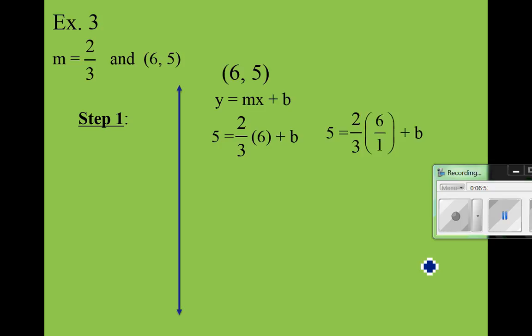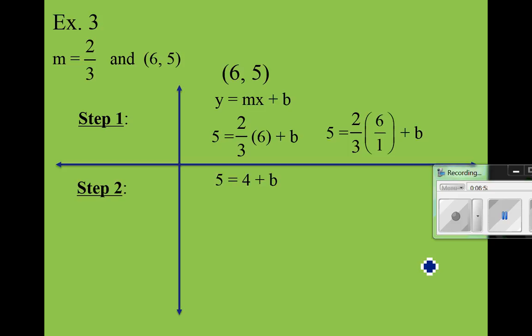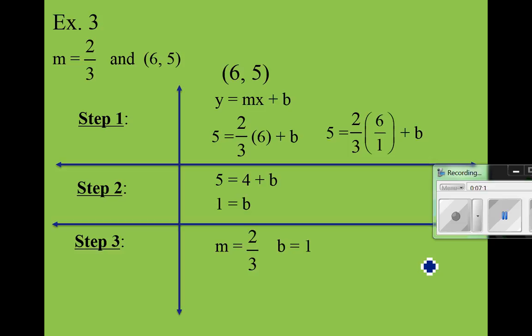Then you can multiply the top, multiply the bottom, and get your answer. So we end up with 5 equals 4 plus b. Draw a line down the equal sign, subtract 4 from both sides, and you find that the b is 1. Step 3, substitute everything in. Y equals 2/3 x plus 1.